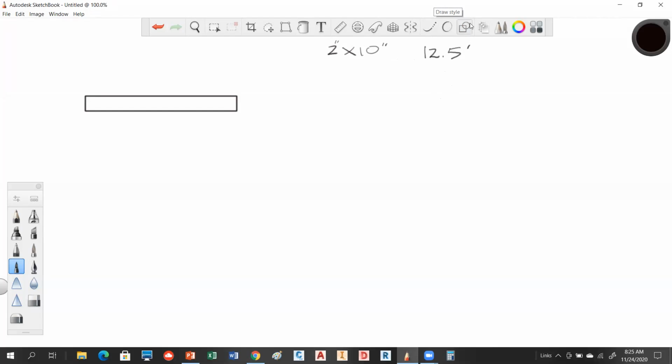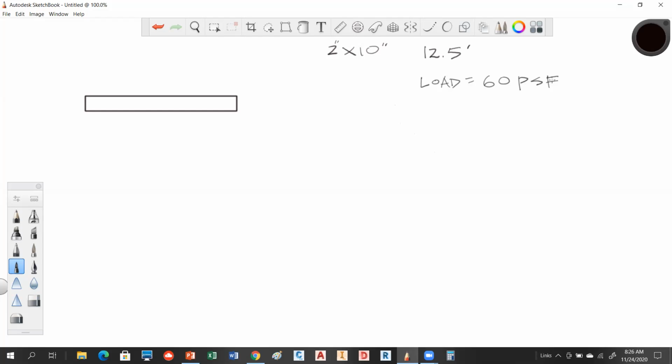Is everybody okay with that? We also have a load on this. So the load is given as 60 pounds per square foot. Okay, so we have 60 pounds per square foot.